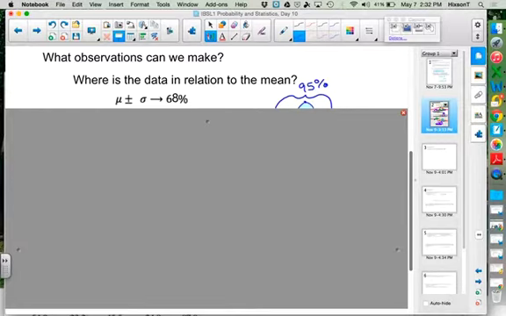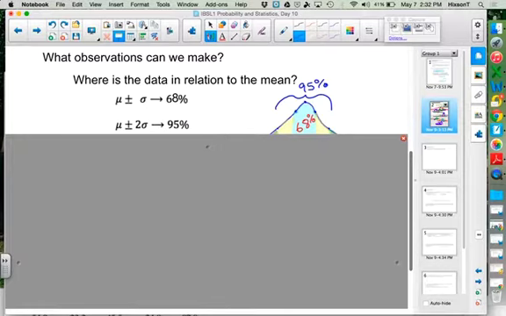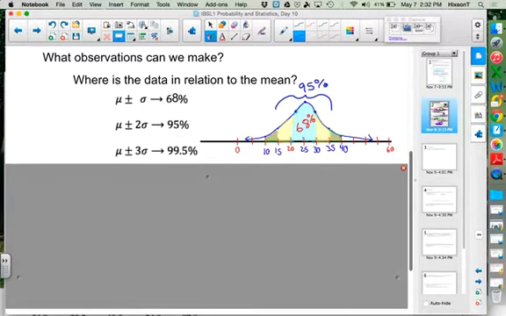If I go out to 2 standard deviations, it goes up to 95%. And then 3 standard deviations is 99.5% of the data.